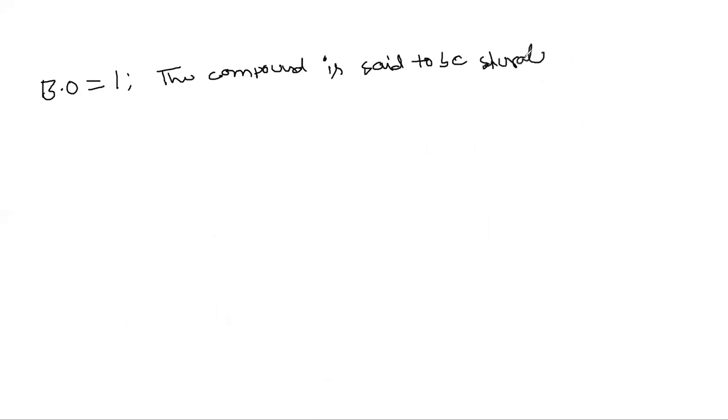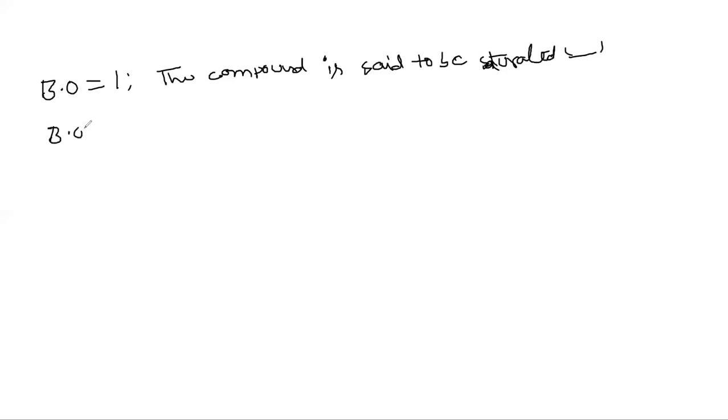5 by 4. And whenever you are discussing bond order, just remember one thing. If the bond order is equal to 1, the compound is said to be saturated. That means it contains only sigma bonds, you don't have any pi bonds.